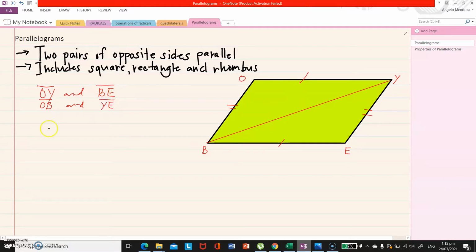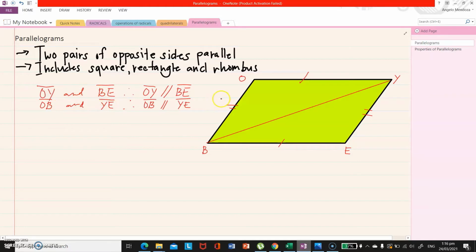Since yun ang magka-opposite side, so therefore, we can say that line segment OY is parallel to line segment BE. And line segment OB is parallel to line segment YE. Since parallelogram yan.